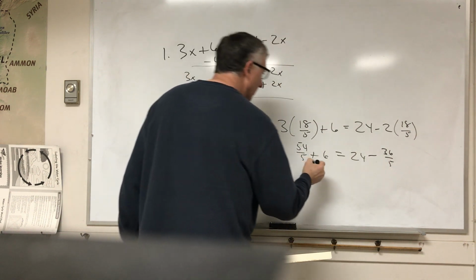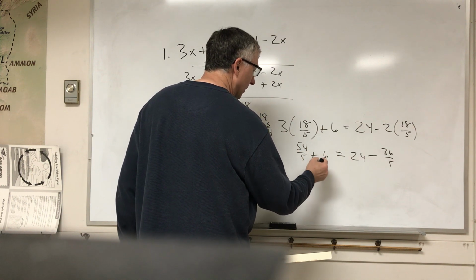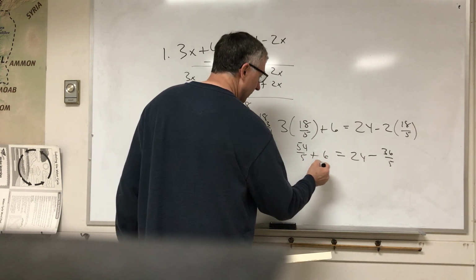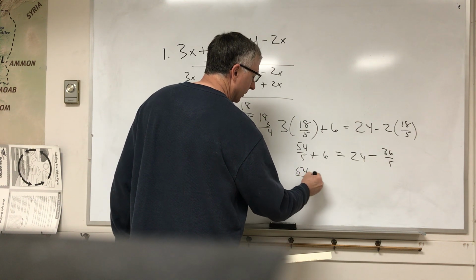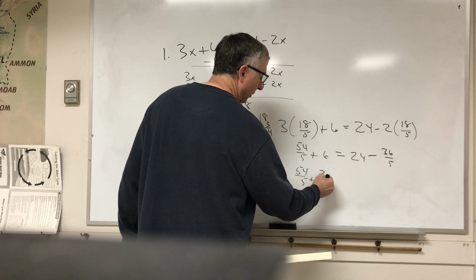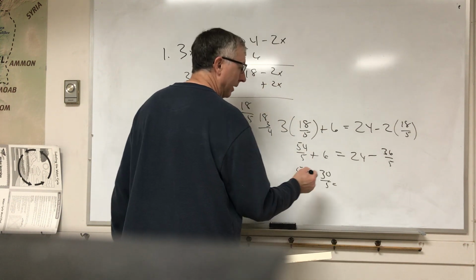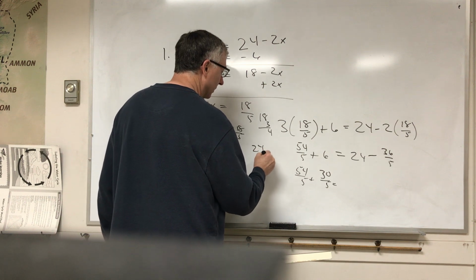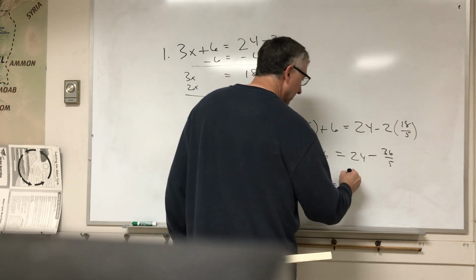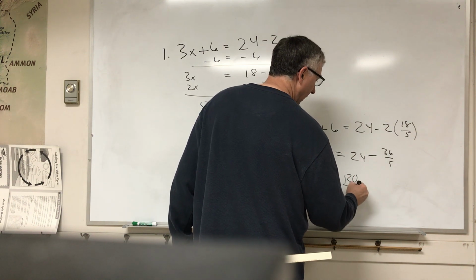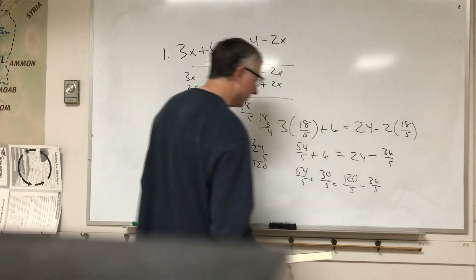Let's get the common denominator here. So 6 would be 30 over 5 added to the 54 over 5. And then you'd have 24 times 5 would be 120 over 5 minus 36 over 5.